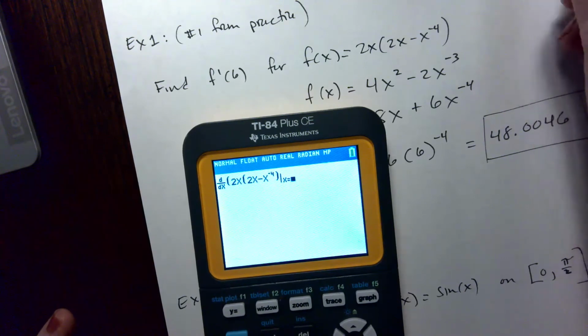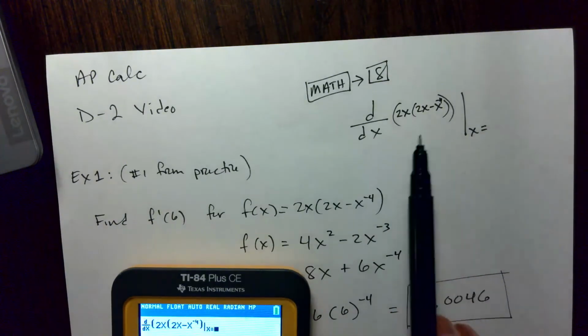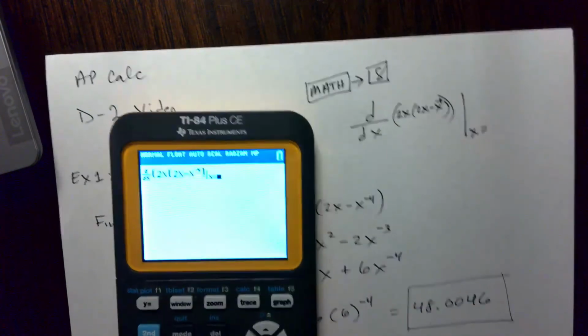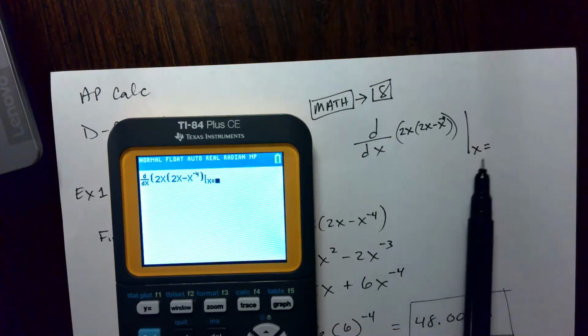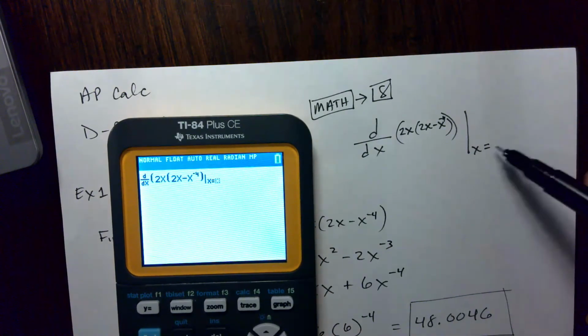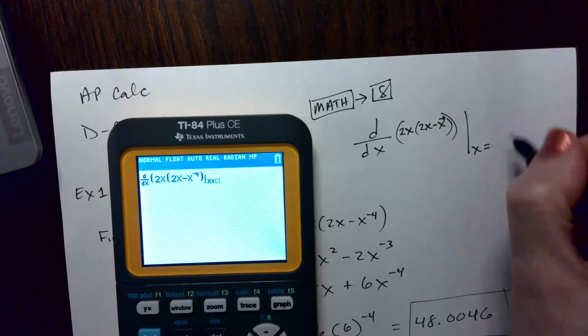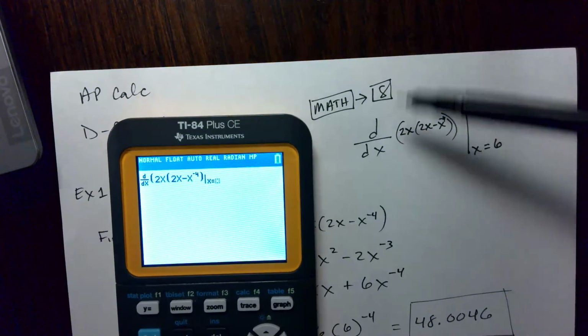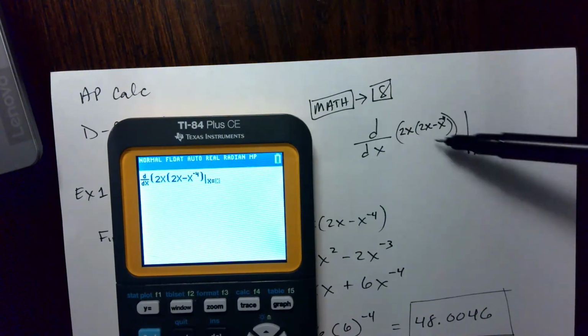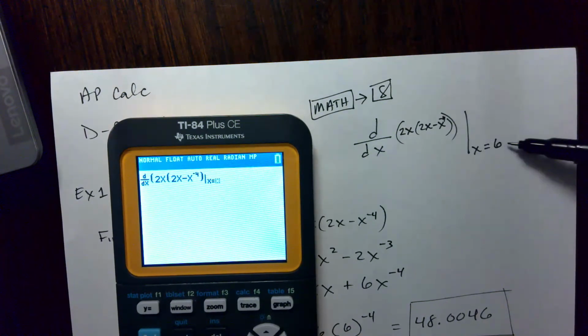And then down here, oh, you can't even see what I'm doing. Okay, so like this. This is for you guys for later. Down here you say what value you want the derivative at. In this case we wanted 6. So you tell your calculator the variable, the function, and the value to evaluate at.